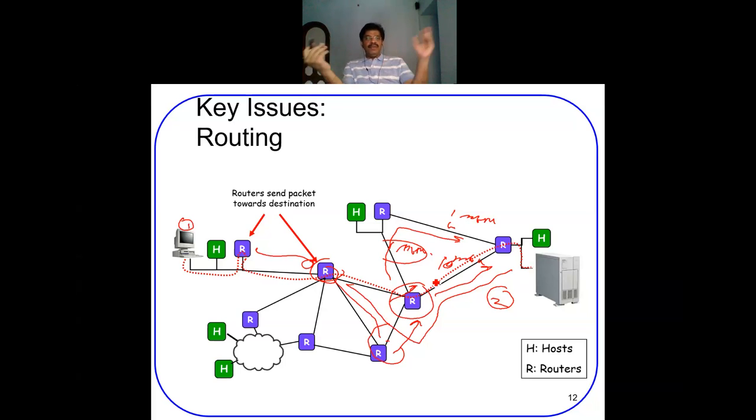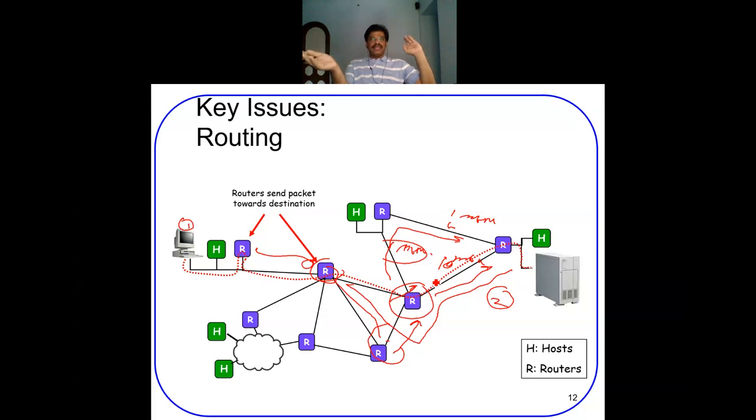But in between the two terminals, there are hosts as well as routers. The hosts are the data terminals. Routers are the data communication equipments. Routers, modems, all these devices are known as data communication equipments. They propagate those packets from a specified sender to the destination.